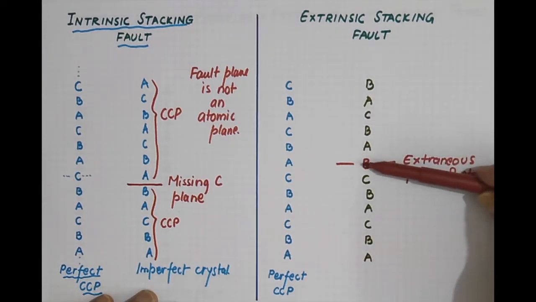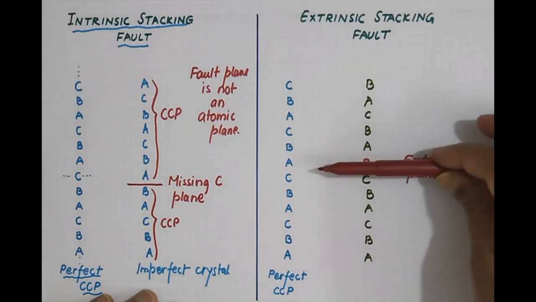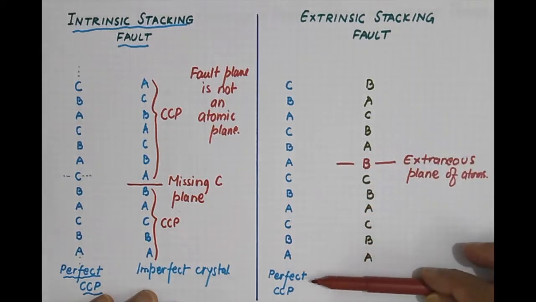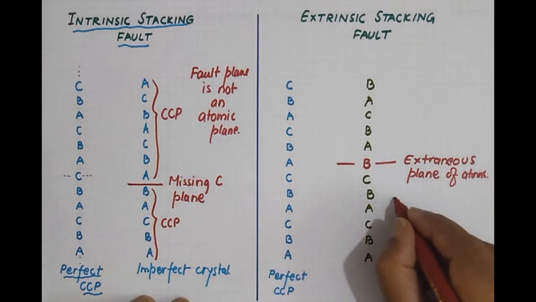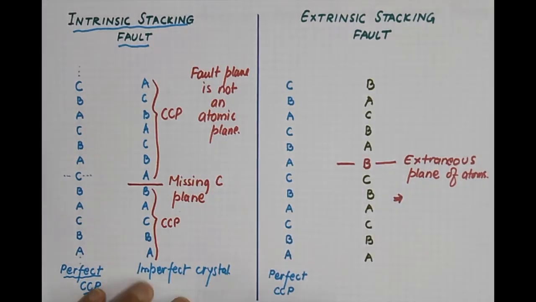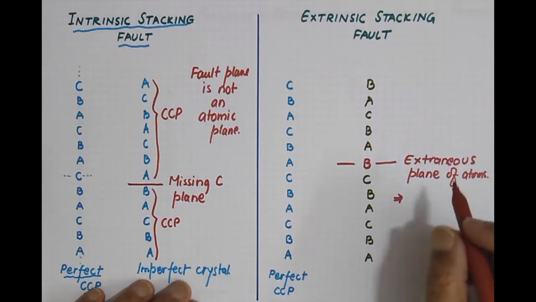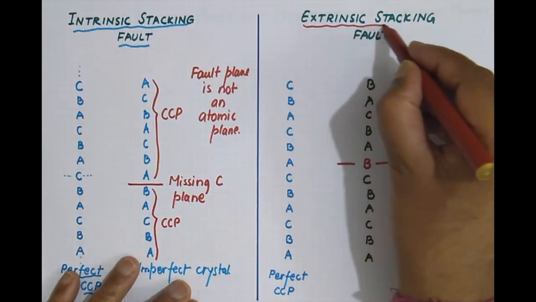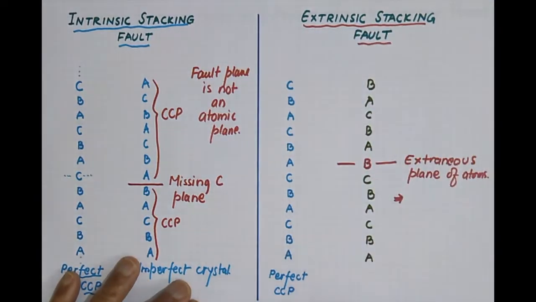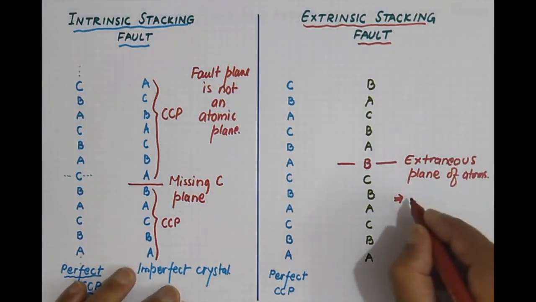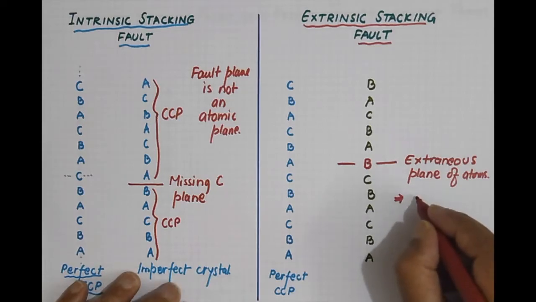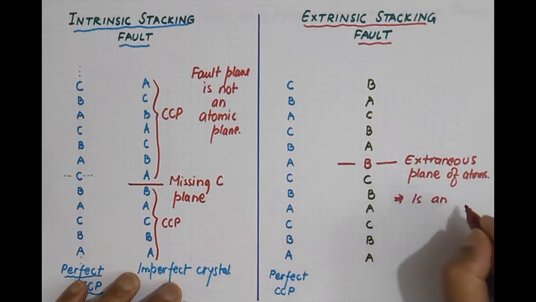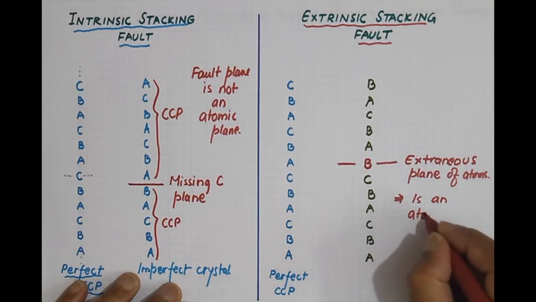So this plane is not part of either the bottom crystal or the top crystal. That's why this is an extraneous plane of atoms, and that's why this is called an extrinsic stacking fault. The fault plane is actually an atomic plane.